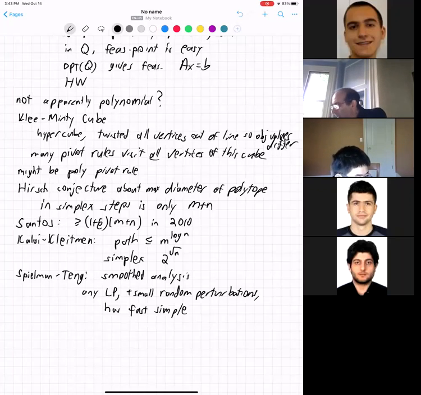Because these small random perturbations also ensure that no two vertices have the same objective value, and also ensure that there's no redundancy in constraints. All of the constraints are now going to be linearly independent of each other. So you actually can't get cycling pivots.